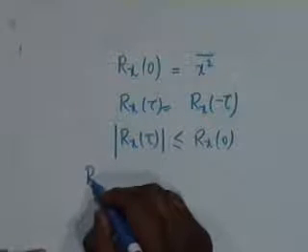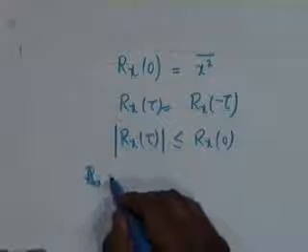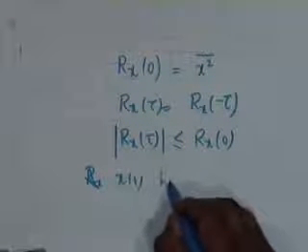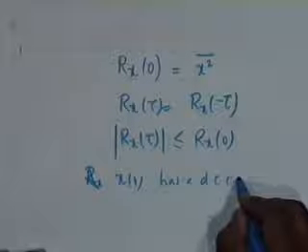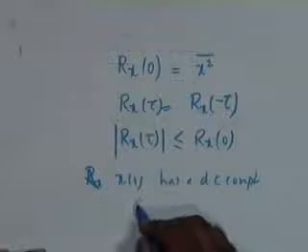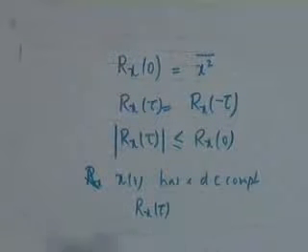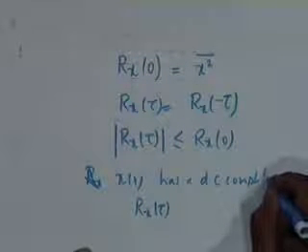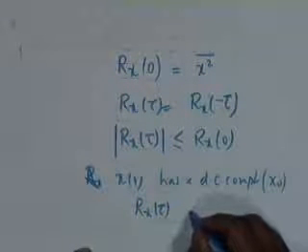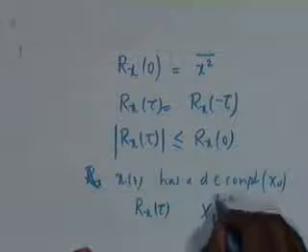And we showed that if x of t has a DC component, then Rx of tau also has a DC component, and if this component is x0, then Rx of tau has the DC component x0 squared.